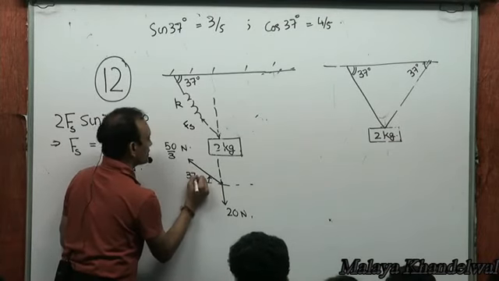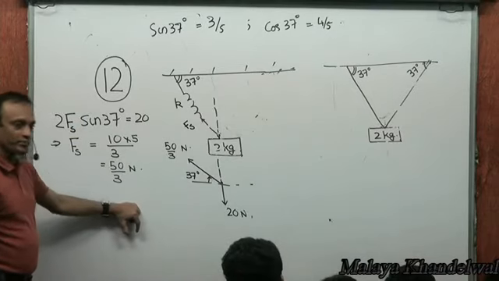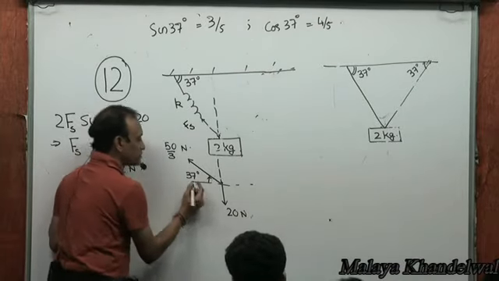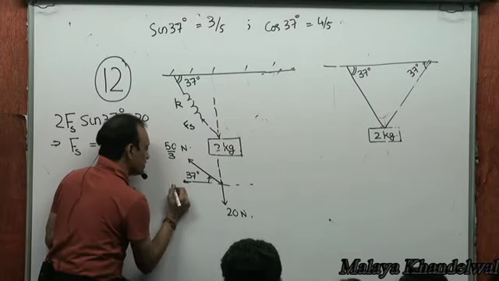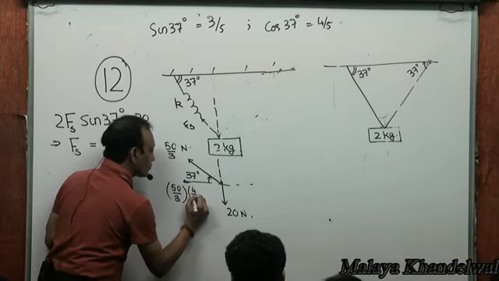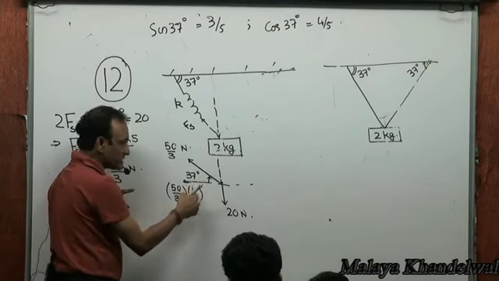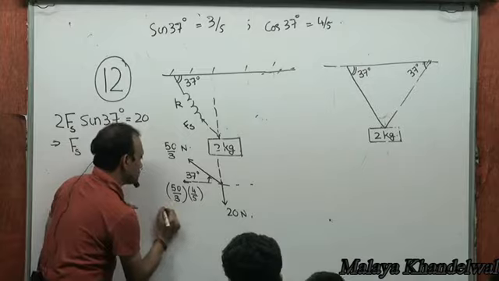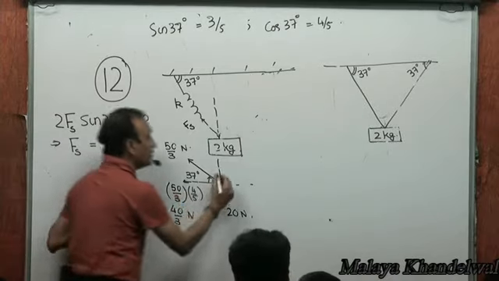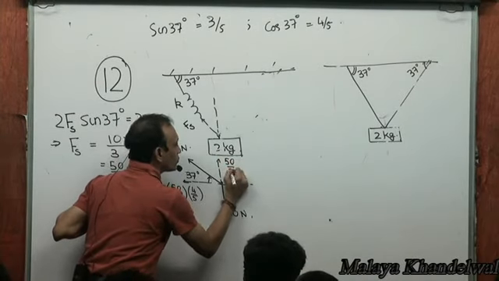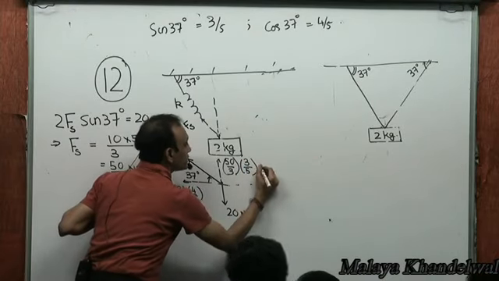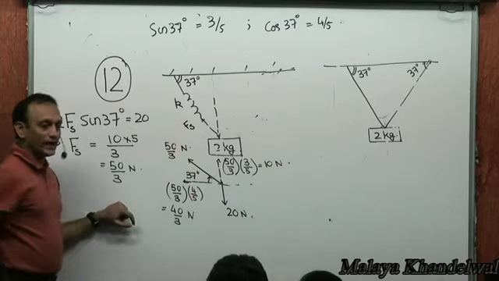This angle is 37 degrees. This Fs could be resolved as 50 by 3 cos 37 degrees, which is 40 by 3 newtons horizontal, and 50 by 3 sine 37 degrees, which is 10 newtons upwards, right?